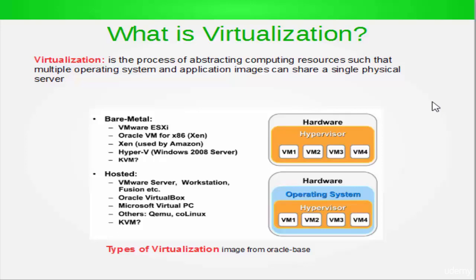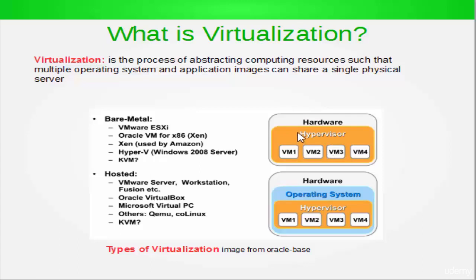Okay, now what are the kinds of virtualization. There are two kinds of virtualization. The first kind is called bare metal, and the second kind is called hosted. In the first kind, we have the hardware layer, and then above this layer there is the hypervisor layer, and then above the hypervisor layer you can create virtual machines.